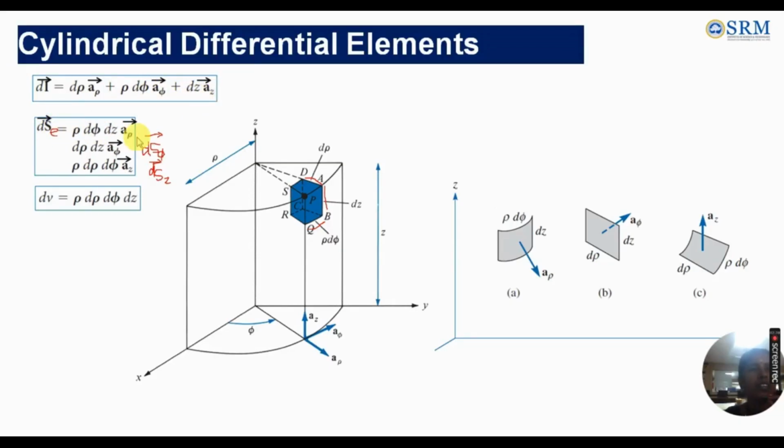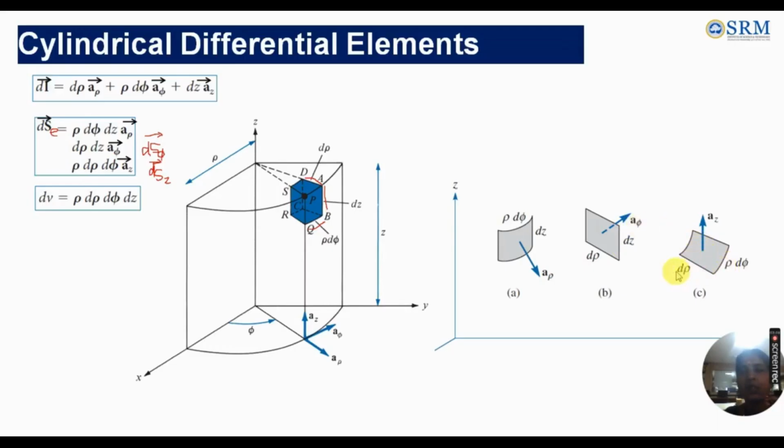If I want to find the differential surface area, there are three different surfaces. If I take the unit normal vector a rho, the differential surface area is just the product of rho d phi into dz, multiplied with the corresponding unit vector. For ds phi, the differential surface area perpendicular to a phi cap, it is the product of d rho into dz into a phi cap.